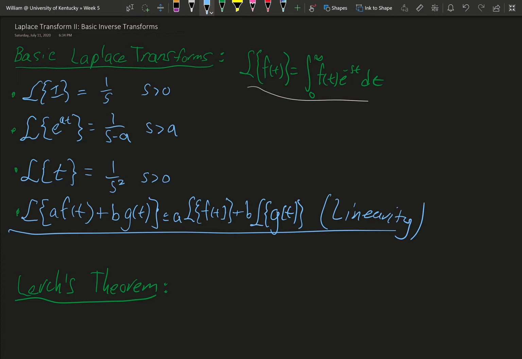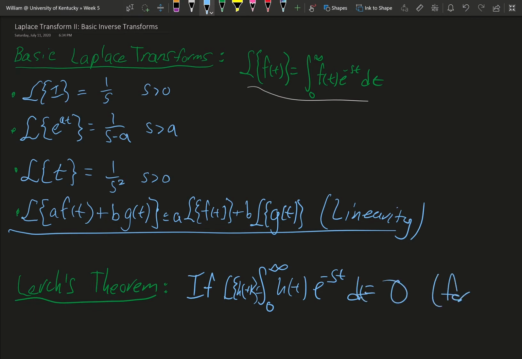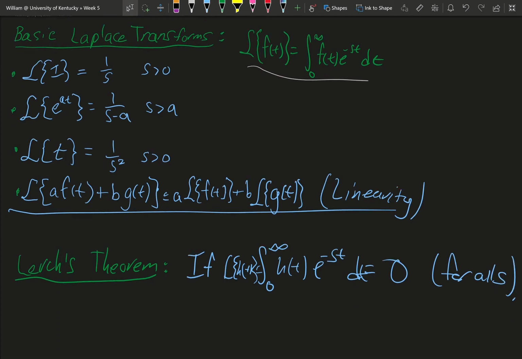Well, there's a theorem called Lerch's theorem that says essentially, if I take the Laplace transform of some h of t, and I get 0, so if this integral is always 0, then h of t is equal to 0.